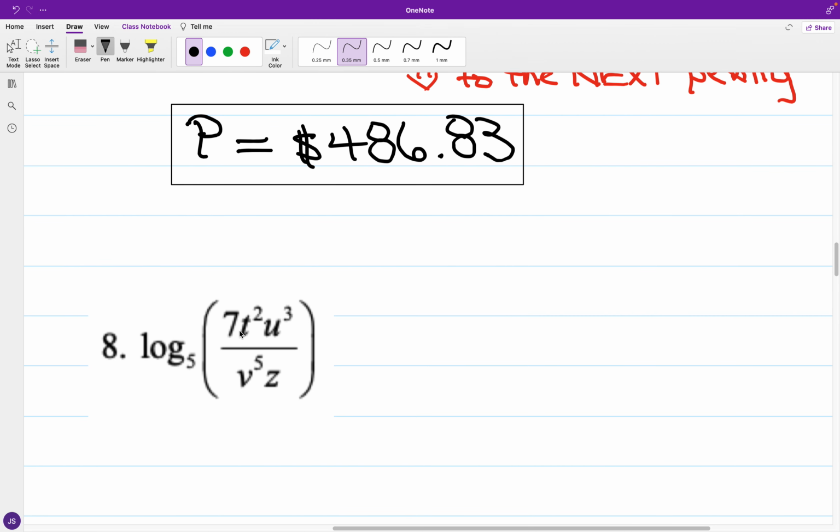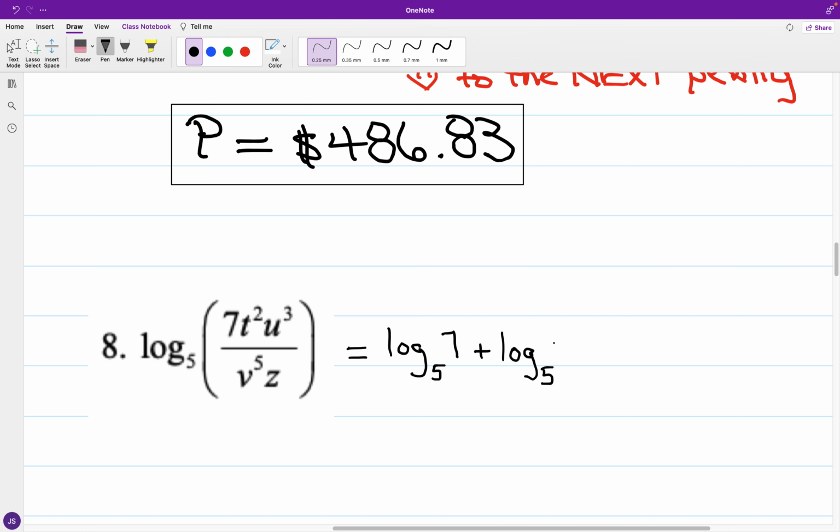In the numerator we have 3 factors, and in the denominator we have 2. I'm going to take care of what is at the top. We can start out with the base 5 logarithm of 7. Anything attached in the numerator will be translated as a distinct positive base 5 logarithmic term.